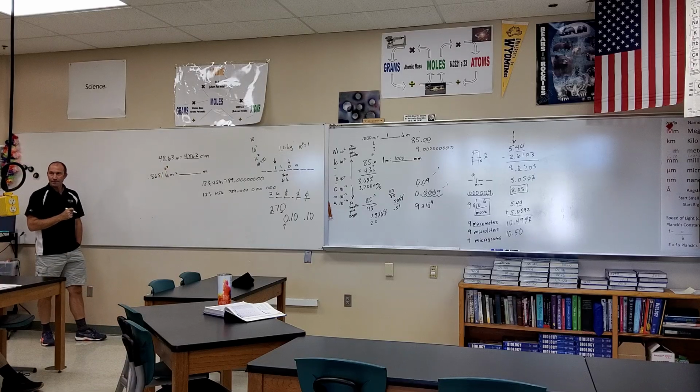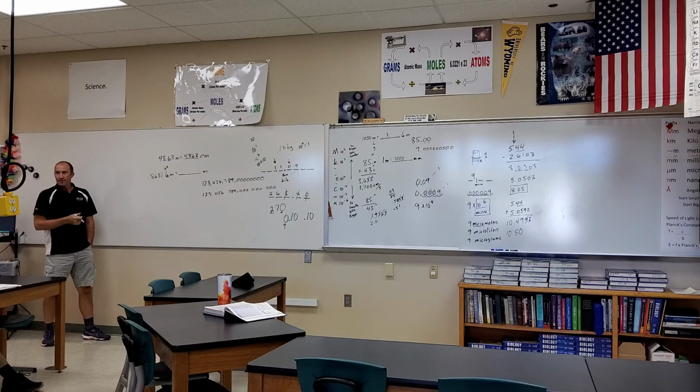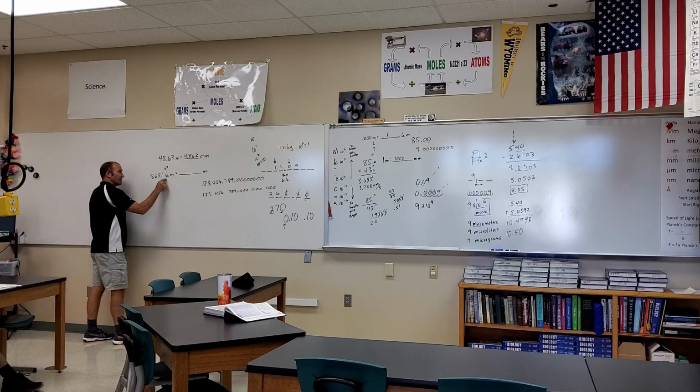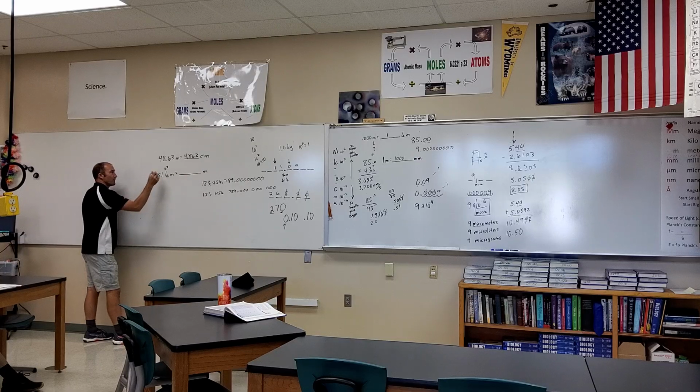Oh, kilo. So we're moving from kilo to meter. Is kilo something big or something small? Something big. Something big to something small, so the number's gonna be getting bigger. Yep, we're going to a smaller unit, so our number gets bigger. So it'll be 865.1.